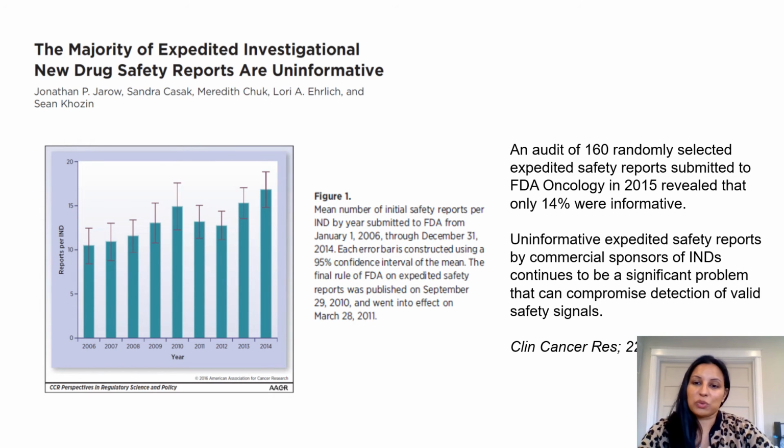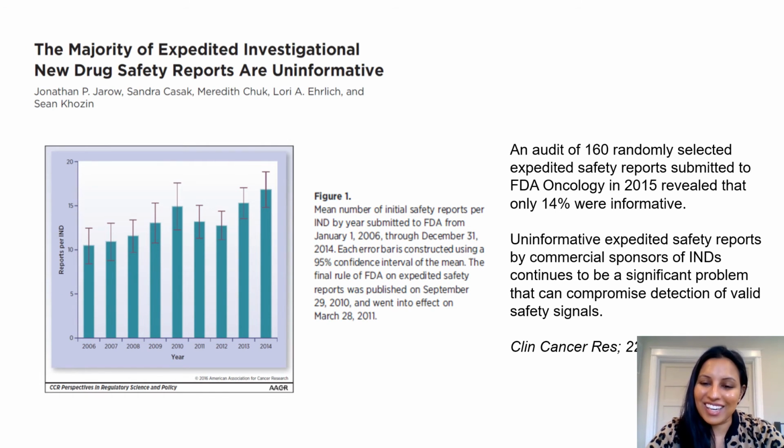Okay, was the final rule effective in reducing uninformative reporting? This paper was published in 2016 in Clinical Cancer Research by FDA colleagues, including Meredith Chuck. Basically, they looked at initial safety reports per IND over an 8-year period and found that post-2010, when the final rule was published, the number of safety reports actually increased.